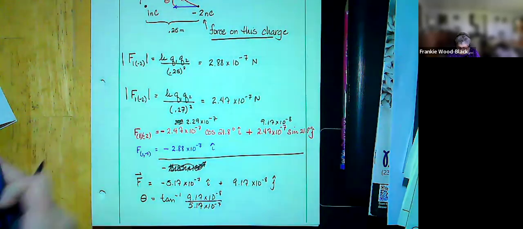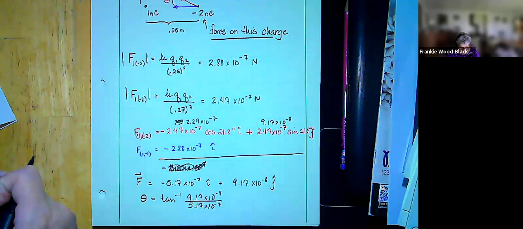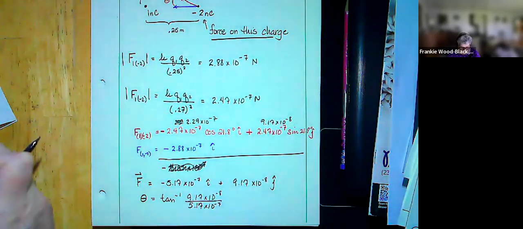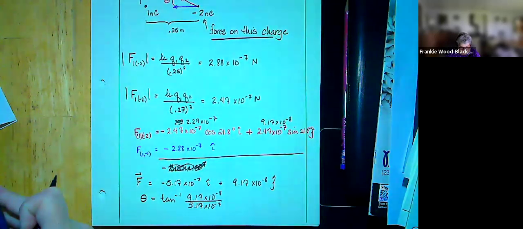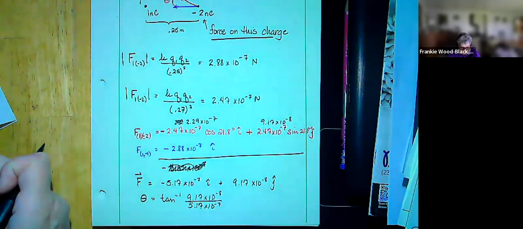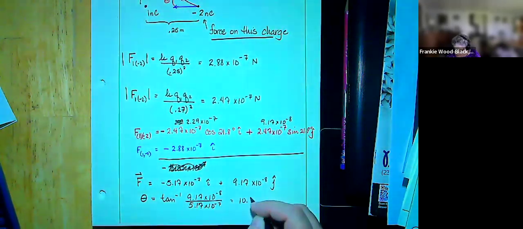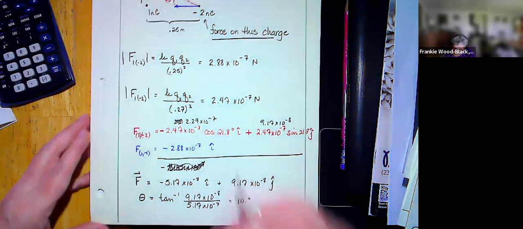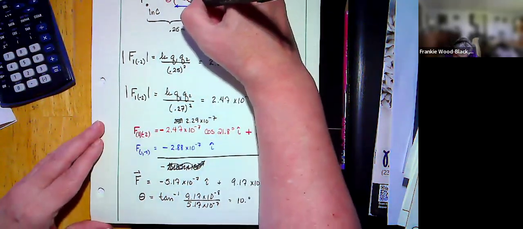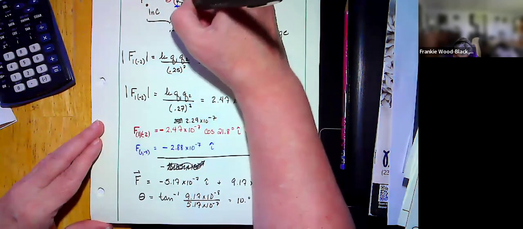Now I've left out the negative because we know it's going to be in this direction. And I've got an angle of 10 degrees. So the resultant vector is going to be in this direction, where that's the 10 degrees.